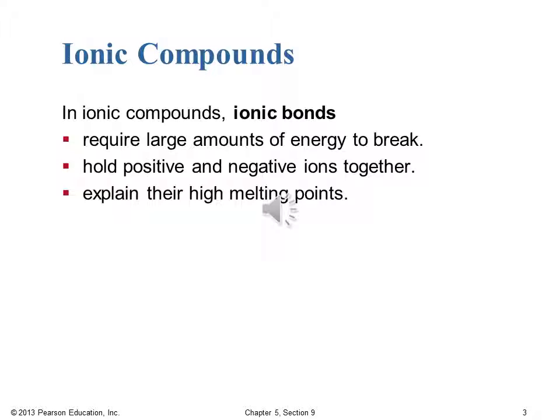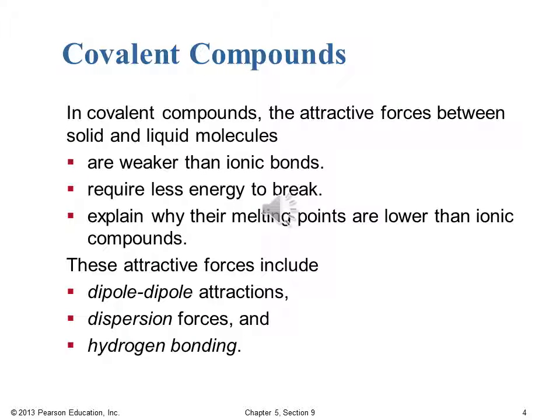In order to actually melt an ionic solid like sodium chloride, you have to put a lot of heat energy in because you actually have to break the positive-negative ion attraction. That electrostatic charge attraction has to be overcome to allow them to be mobile enough to mix around in a liquid form.